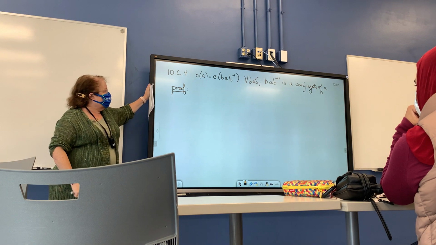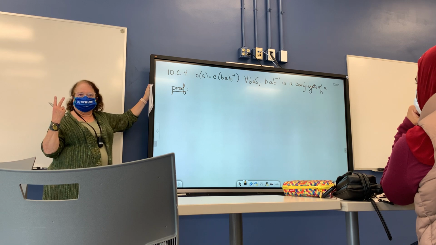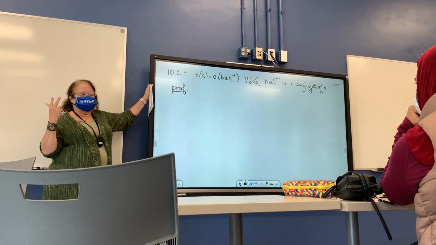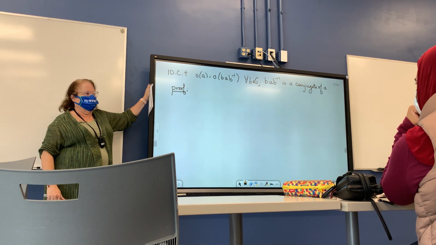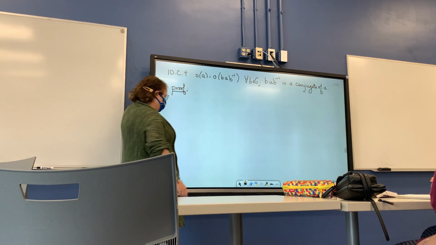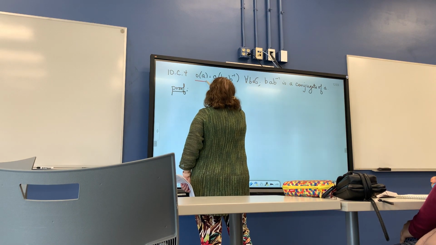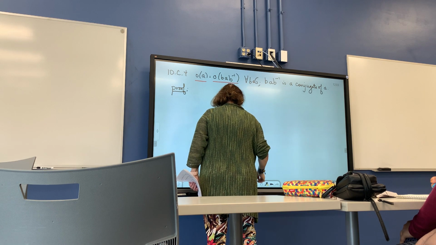Which one of those two, we've got two numbers written down there, right? If you pull out the equal sign, there are two things there. Which one is it that we're trying to prove about? Can you repeat the question? We've got two numbers: the order of A and the order of BAB inverse.